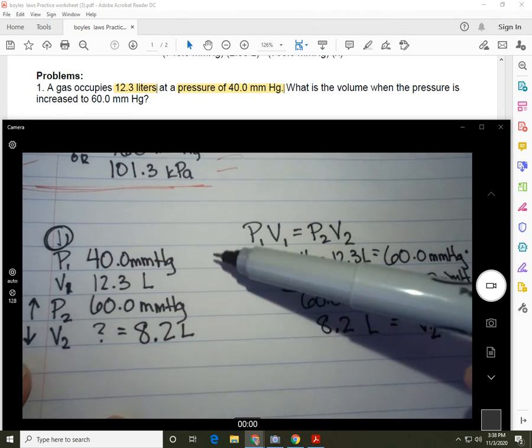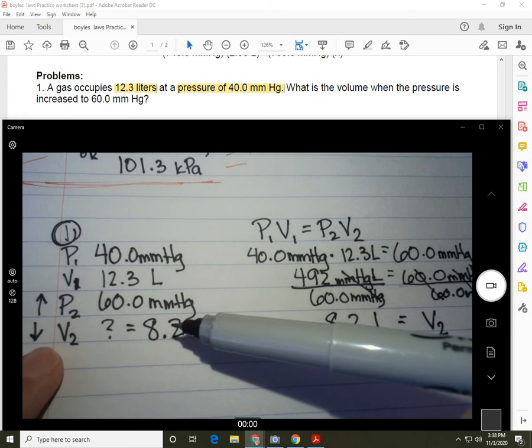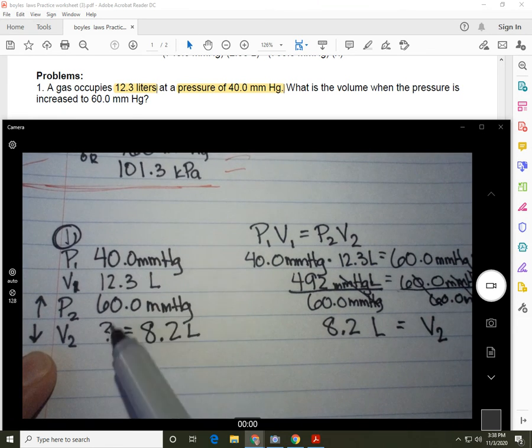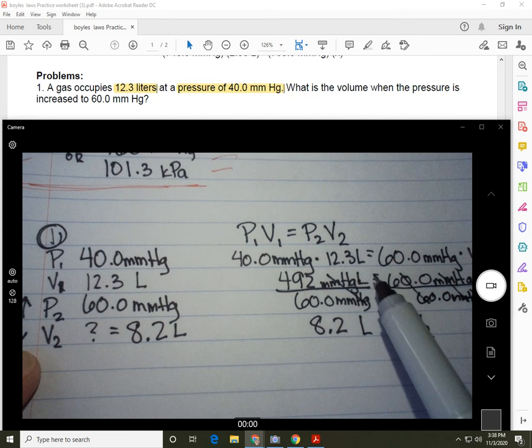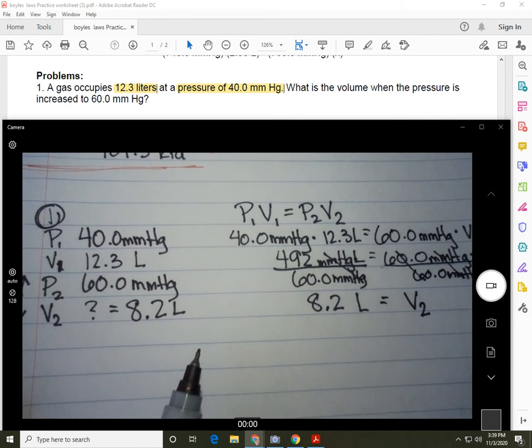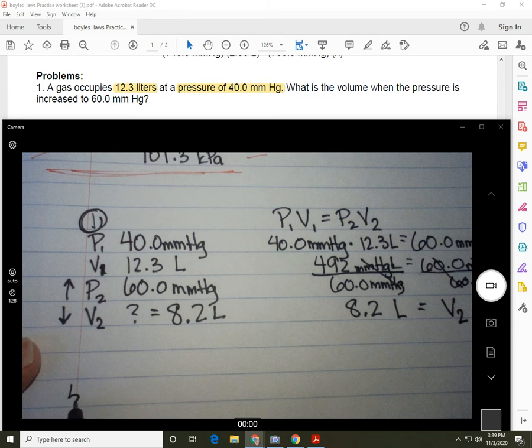And it works because 12.3 was what it was, and it went down just like we predicted. All right, so find your variables, plug them into the equation, and solve for the one you don't know. Okay, I'm going to go ahead and scoot down in the example problems, and we're going to do number 5 because number 5 is kind of the next new thing.